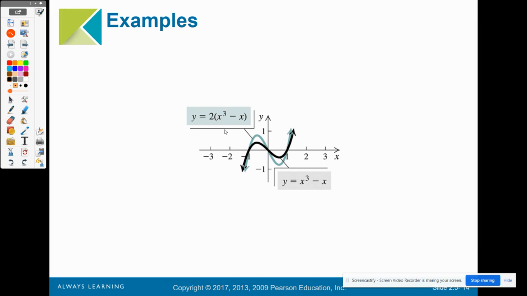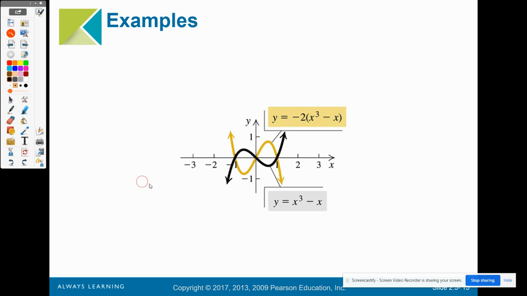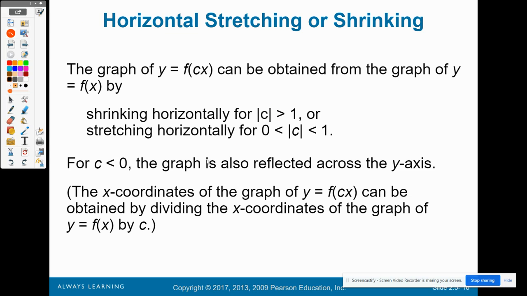If it was a bigger number like 2, they're pulling from the top and bottom. It makes it a stretch. Here is a -2. A -2 flips it upside down first of all, because of the negative, and then it stretches. So that's a combo: a flip upside down because it's in front, and it stretches.